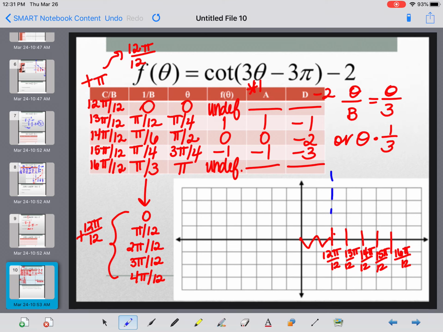All right, so 12 pi over 12 is undefined, and 16 pi over 12.